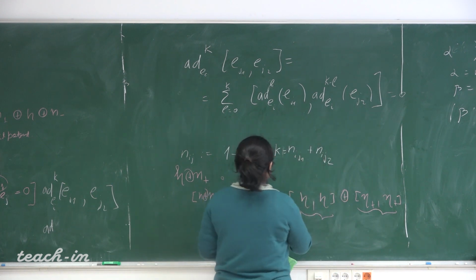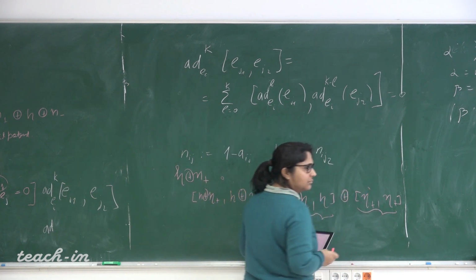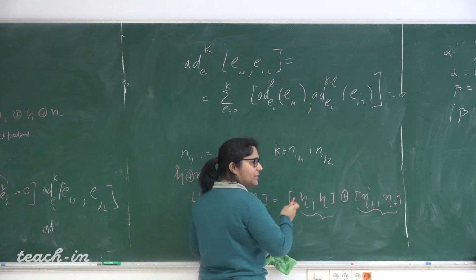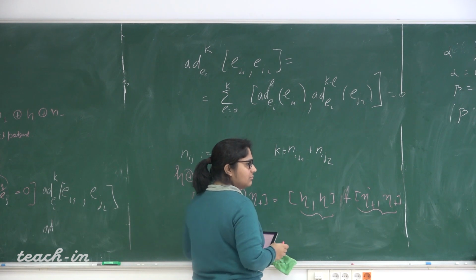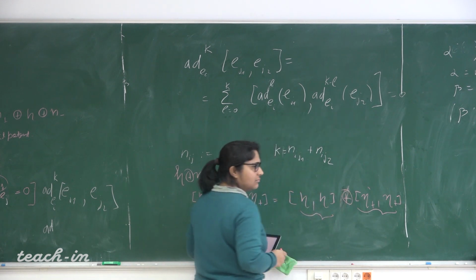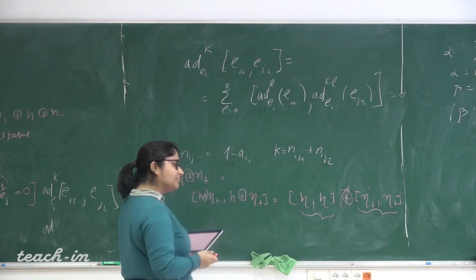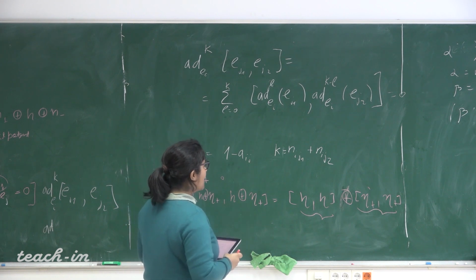Why only these two? Am I doing the terms as a direct sum still? No, direct sum is okay. But I'm sorry, n plus with h, for example.